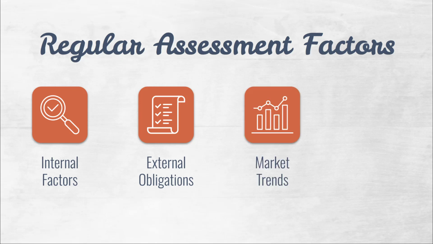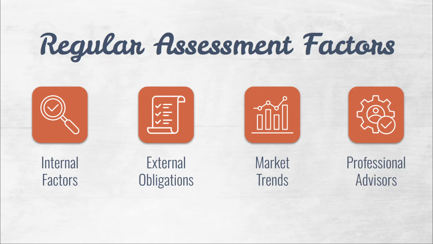Economic factors also play a role in determining regular assessments, particularly market trends due to inflation and cost of living increases. The board also consults with professional advisors like the association's accountant, attorney, and reserve advisor to get their expert opinions. It's a complex process, with a goal to ensure that our association has sufficient funds to cover expenses and maintain the community.